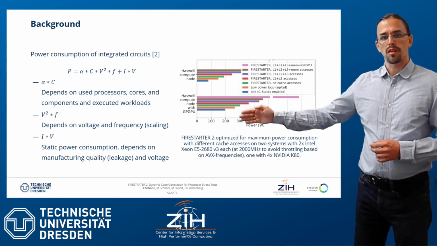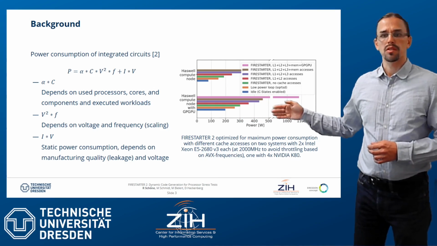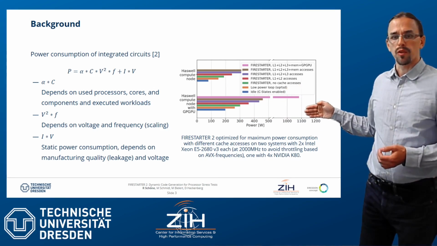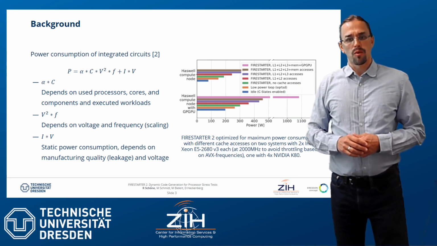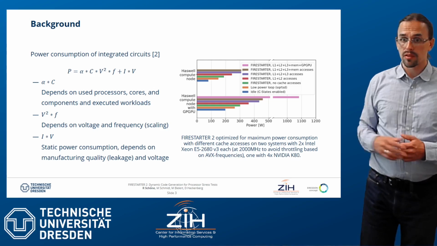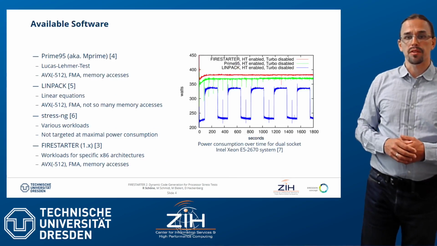That means in the idle case you have 200 watts, and that's what we've seen before, and if you have a high demanding workload, it goes up to 1.1 kilowatt. And that is what just goes in there in the computation.